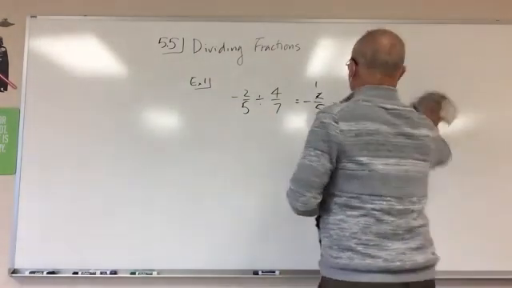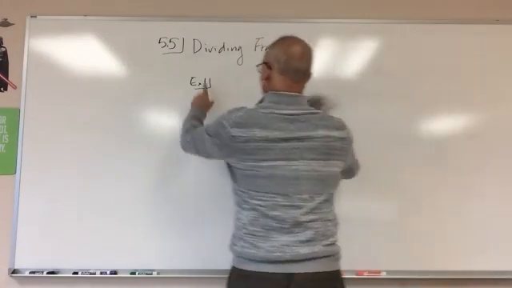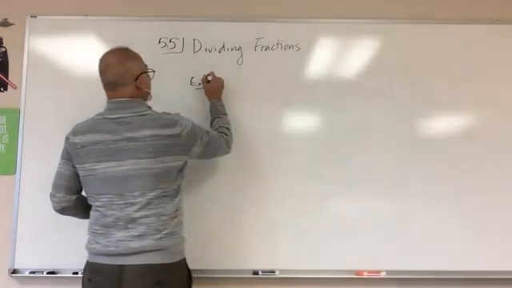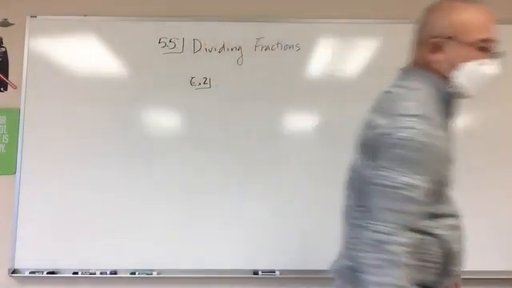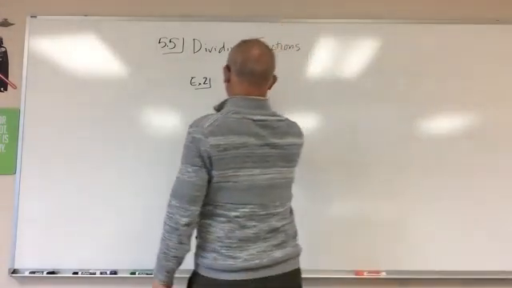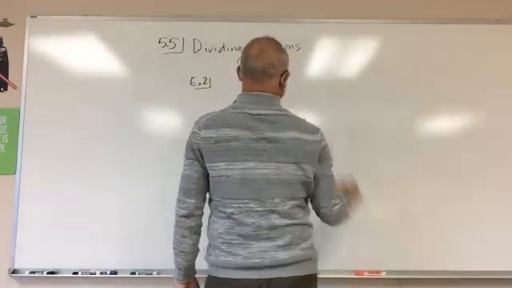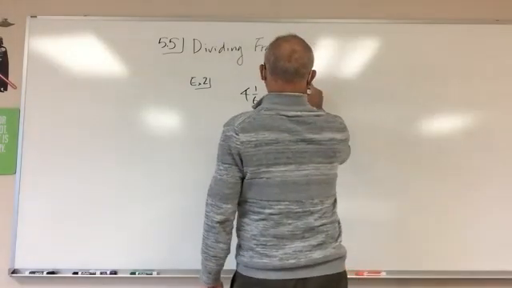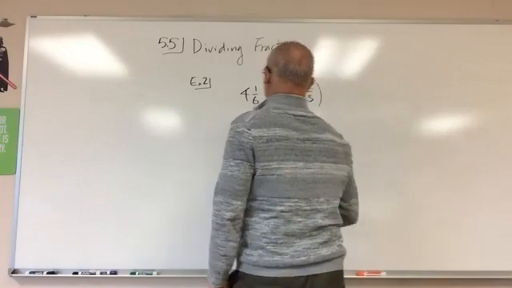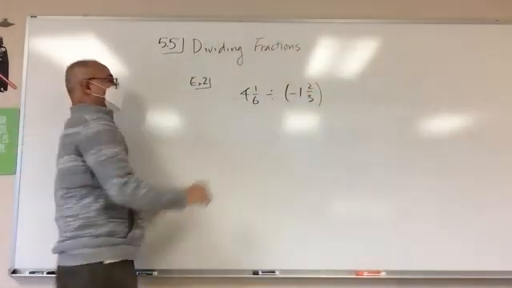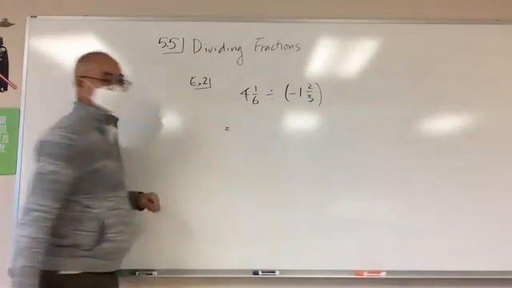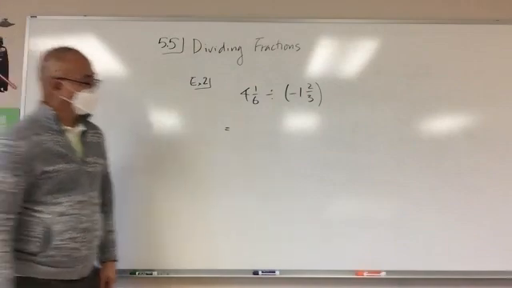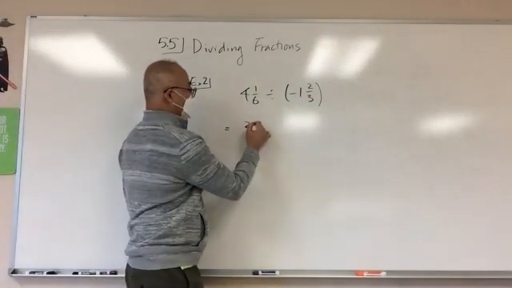Example number 2. It's a little stickier. I have 5 and 1/6 divided by -1 2/3. So, Elijah? You do 5 times 6 plus 1, so 31/6.